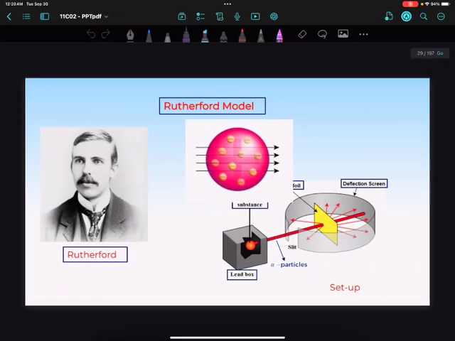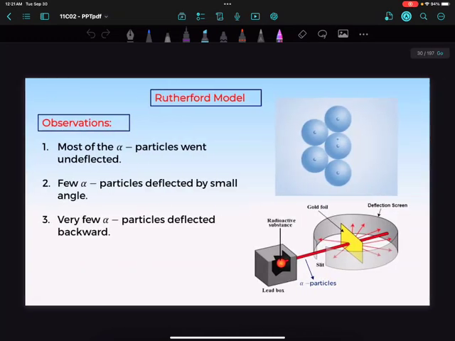Okay. Now the Rutherford model stated that when an electric charge is passed through it, it goes straight and undeviated without any deflection. He made a setup in which he bombarded alpha particles from a source in a lead box onto a gold foil, and a deflection screen was placed behind it to see whether there was a deflection of the rays or not.